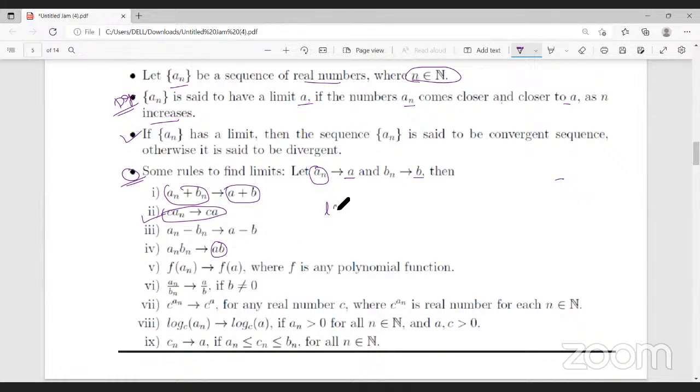So for instance, take 1 plus 1 by x. We know the limit as x tends to infinity of 1 by x is 0, right? So if I take log of 1 plus 1 by x, limit x tends to infinity, I will solve this question by using this property.